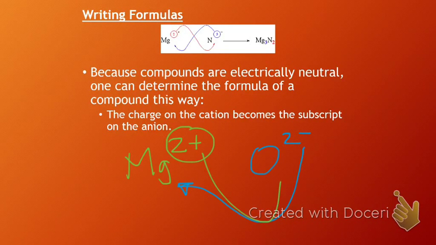Magnesium's number would become the subscript of oxygen. So therefore, you would think, hey, it's going to be Mg2O2. But that would be wrong, because we only use the empirical formula for these ionic compounds. So this would simplify to just MgO. That would be magnesium oxide.